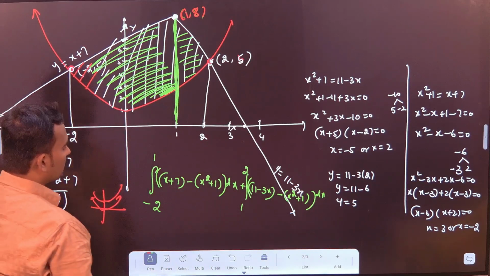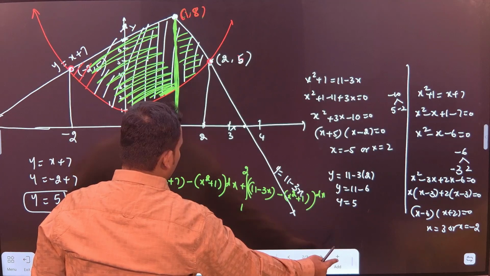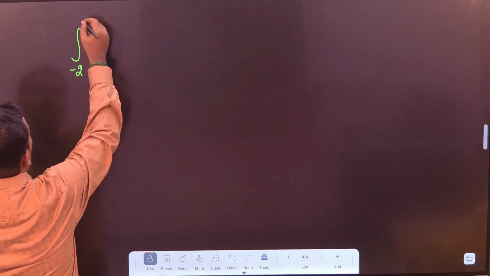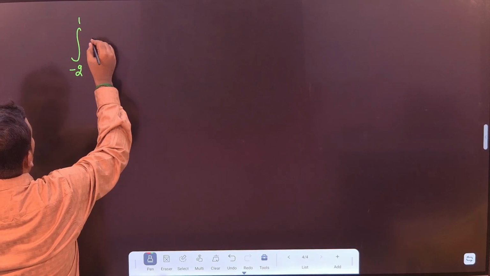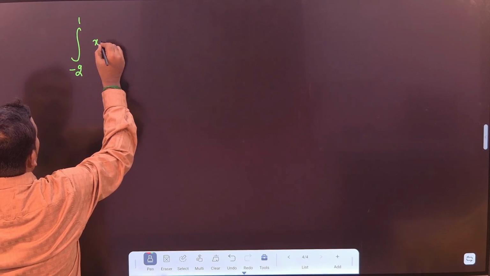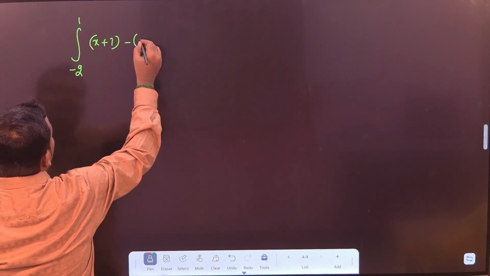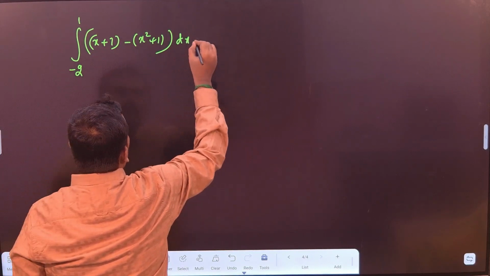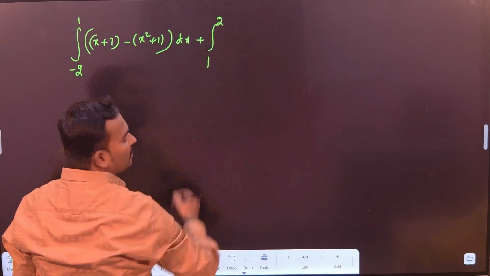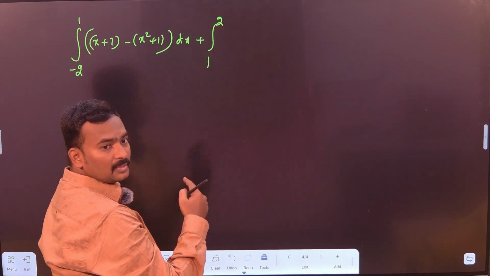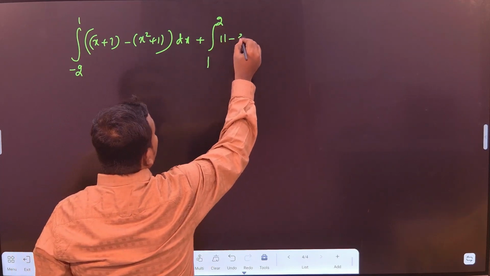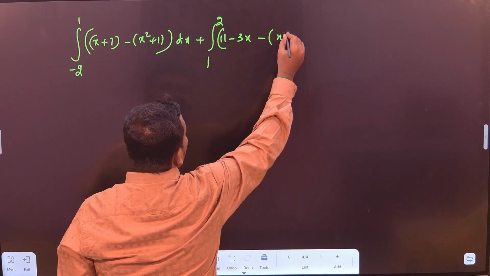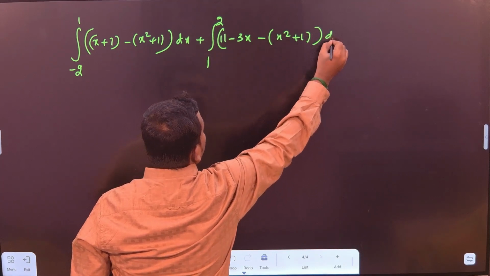Then how to find this area? Let me take another page. So from minus 2 to 1, the upper function here is x plus 7 minus (x square plus 1) into dx. And then from 1 to 2, the upper function 11 minus 3x minus (x square plus 1) into dx.